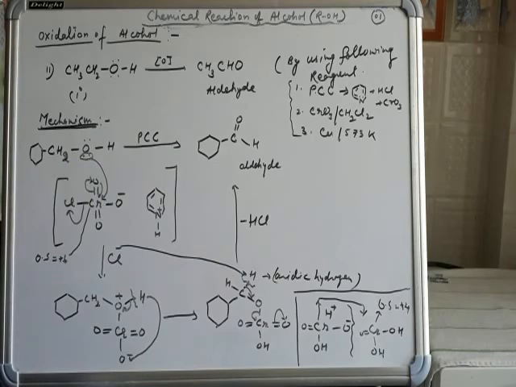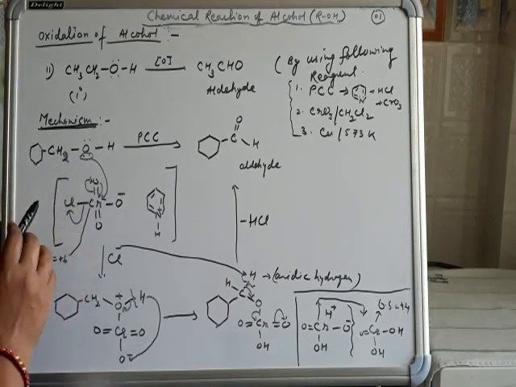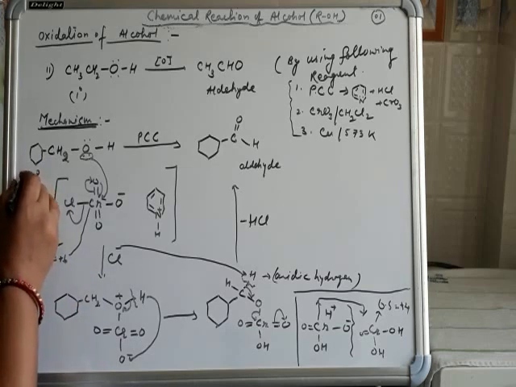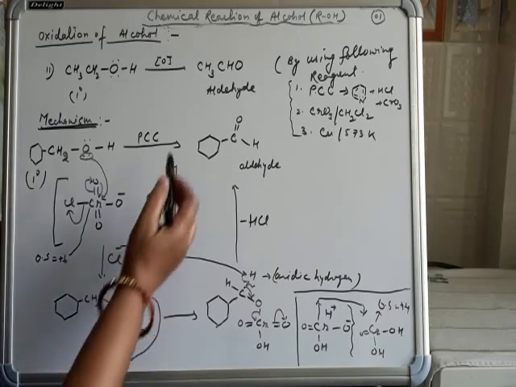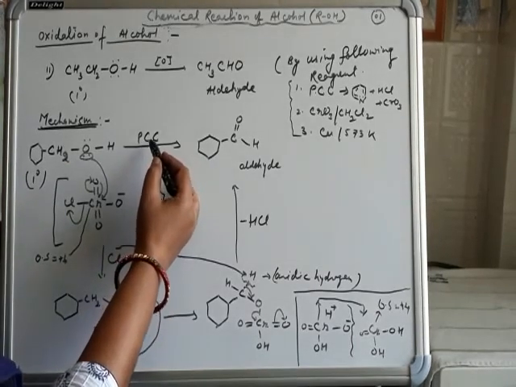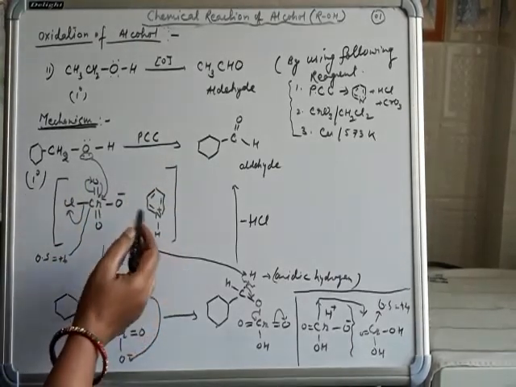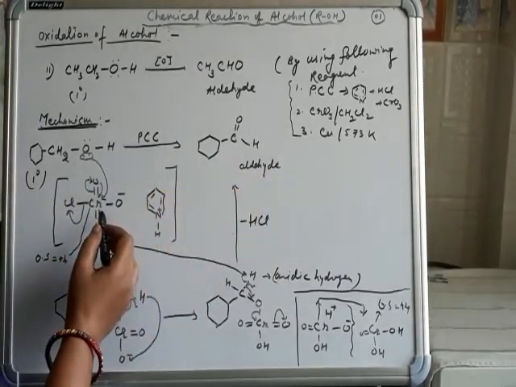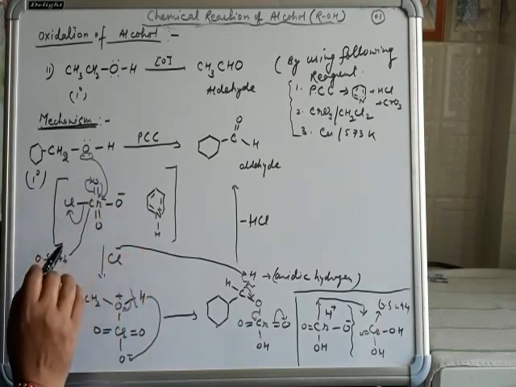Once again, the mechanism involved when primary alcohol is converted to aldehyde by using pyridinium chlorochromate. This is the complex compound formed when pyridine, chromium trioxide and hydrochloric acid combine.